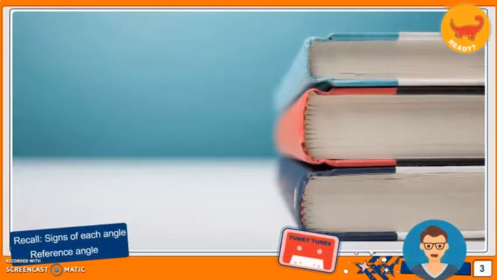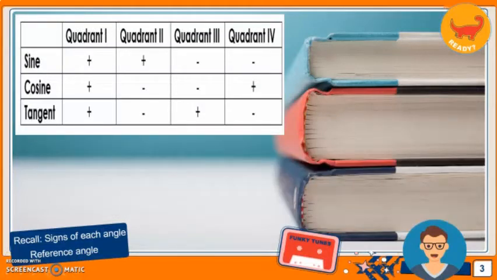Also, we need to recall the sign of each angle and the concept of reference angle as discussed in your module number 1. The signs for each angle is very important in determining now the values of your trigonometric equation. That is, in quadrant 1, please take note of this one.